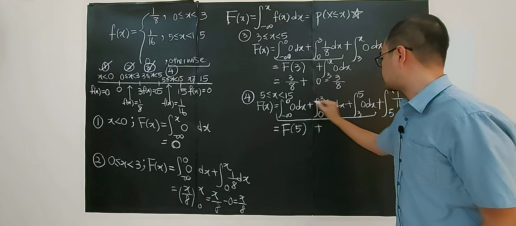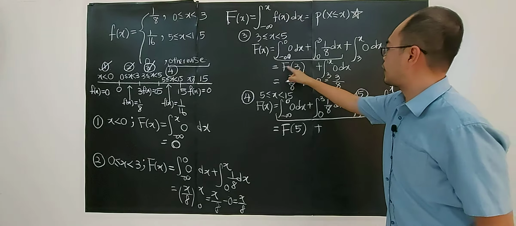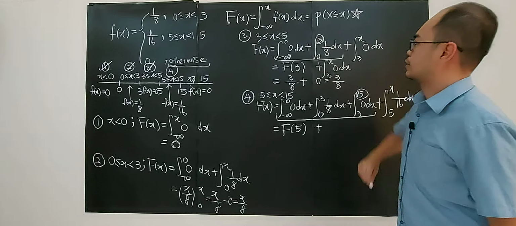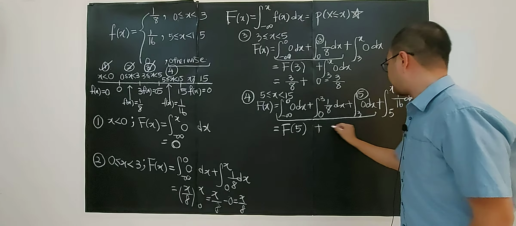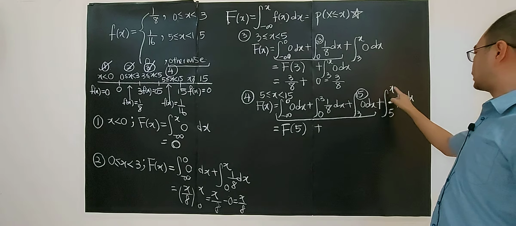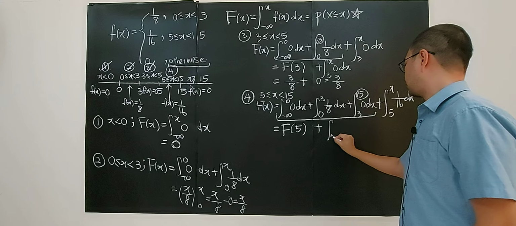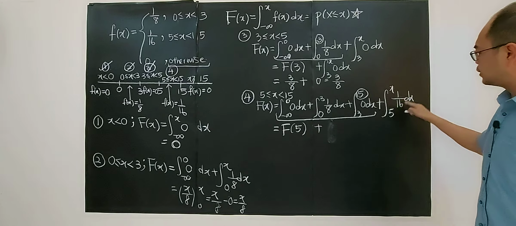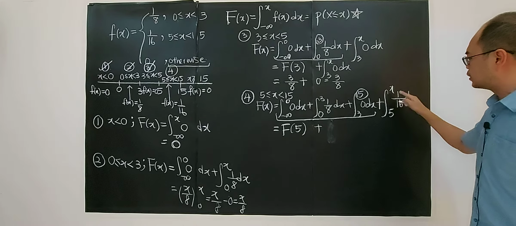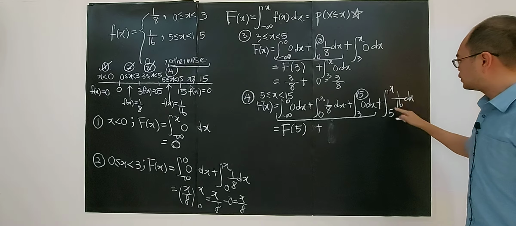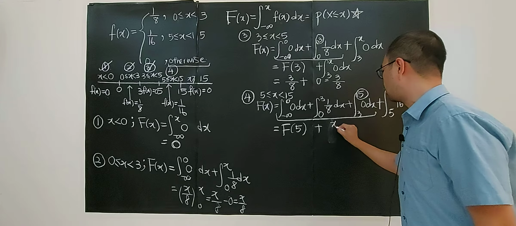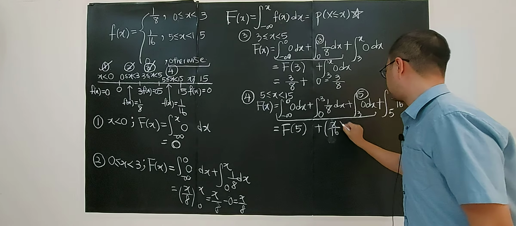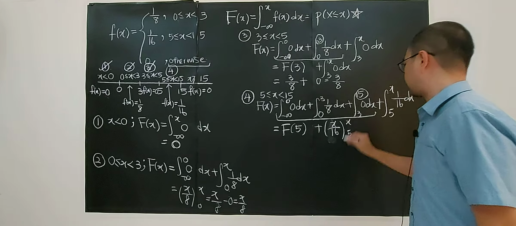So F(5), because it's ending at 5, and this F(3) is ending at 3, right? So now plus the current one. The current one will be 5 up to x. So I'm integrating this. So 5 up to x, integrating 1 over 16 will be x over 16, from 5 up to x, right?